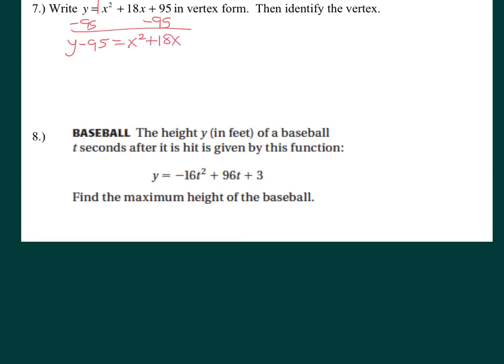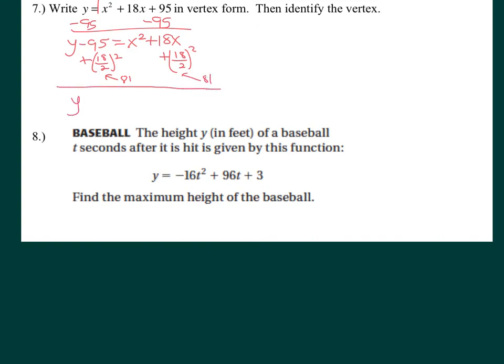I'm going to take half of my coefficient of x and square it and add it to both sides. Well, half of 18 is 9, squared is 81, so I'm really adding 81 to both sides.